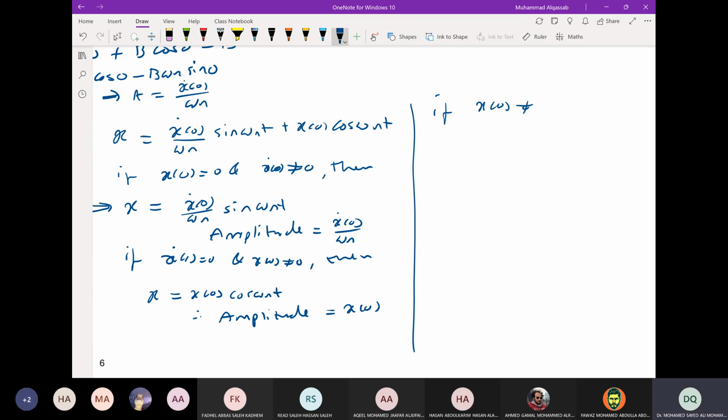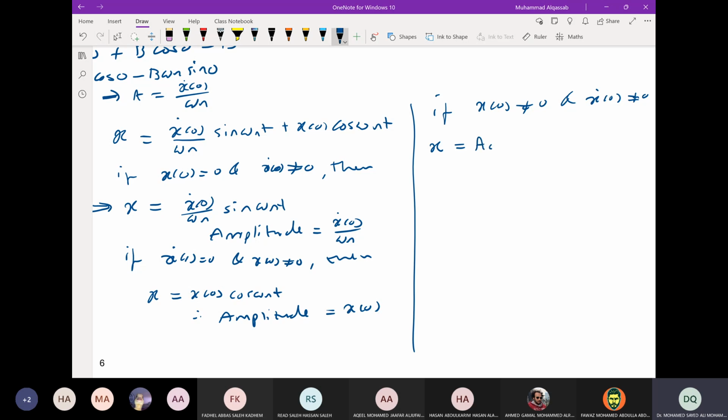So if x at 0 is not 0, and x dot at 0 is also not 0, then we write x equal to, we use the trigonometric identities to write the solution. This is like expanded.